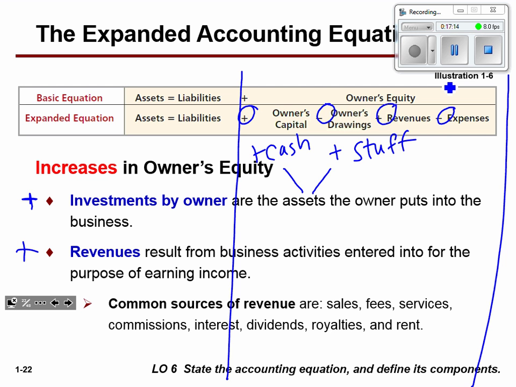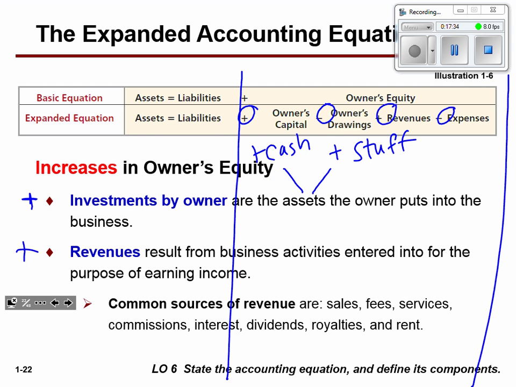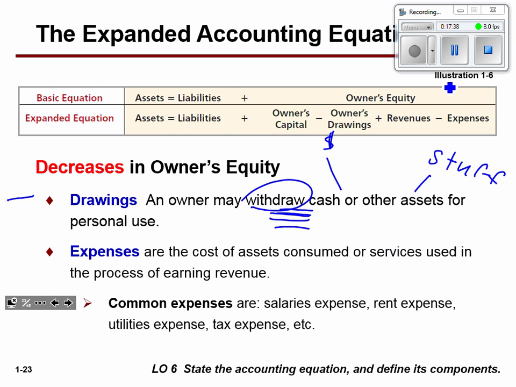According to the expanded accounting equation, two things make OE go up. Two things also make OE go down. Drawings. Anytime an owner withdraws, that's why it's called drawings, either cash or stuff. So back here, they can invest cash and stuff, but they can also withdraw cash and stuff.